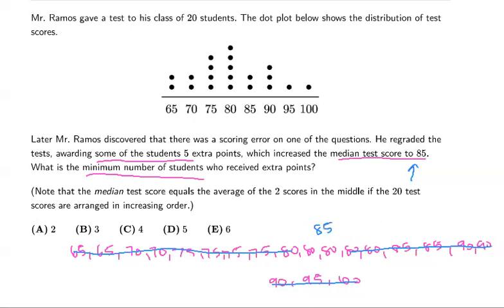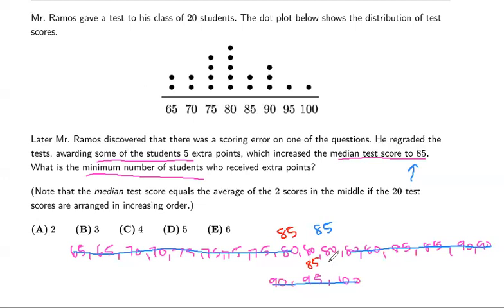Because we don't really have 85 there, the only way that will happen is if the scores right here are 85. But this is 80, which means this student who received 80 on the first grading should have 85, so the extra 5 points will be given. And then this 80 should be 85 as well.